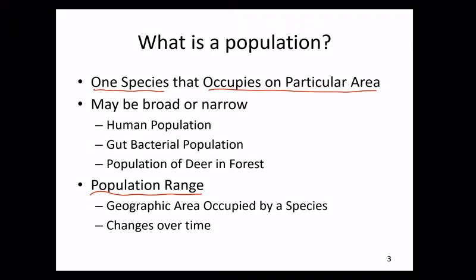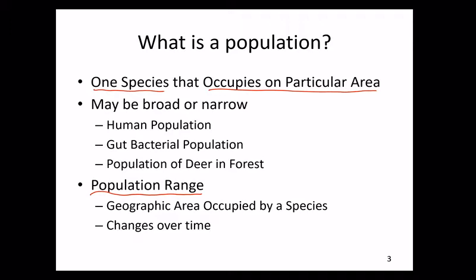What is the deer population like in that area? Or we may say the population of deer in a deciduous forest. That would be a little bit broader. So the definition of the population is really going to be defined based on those different criteria.